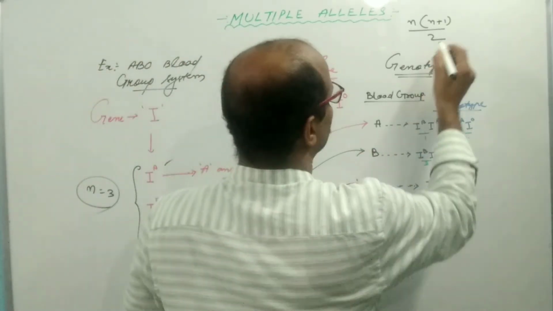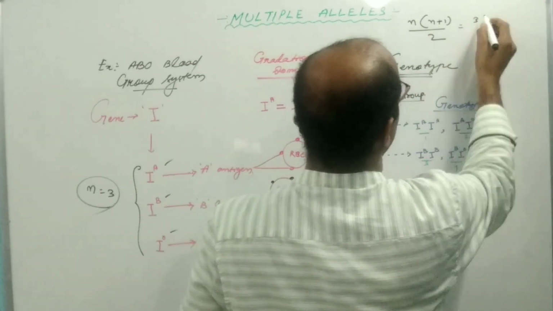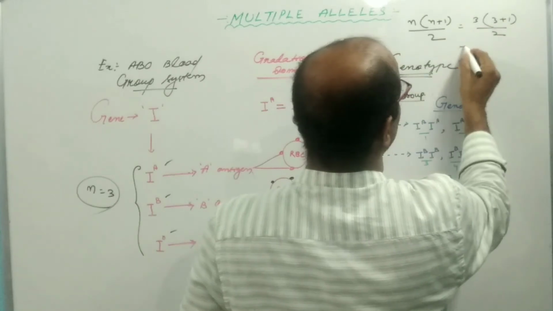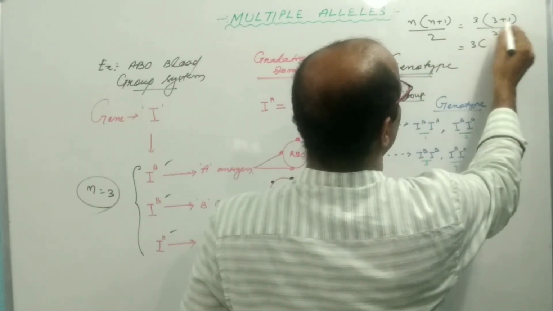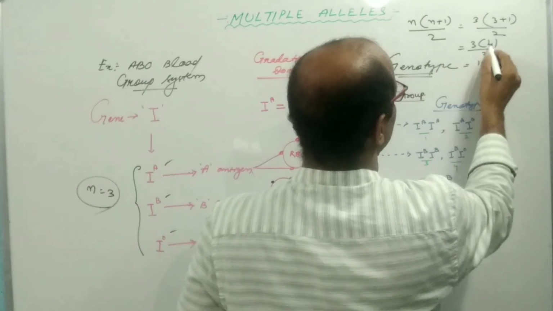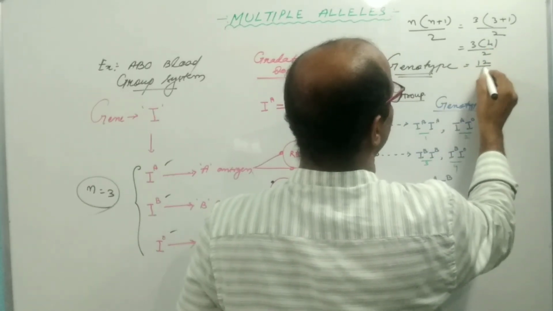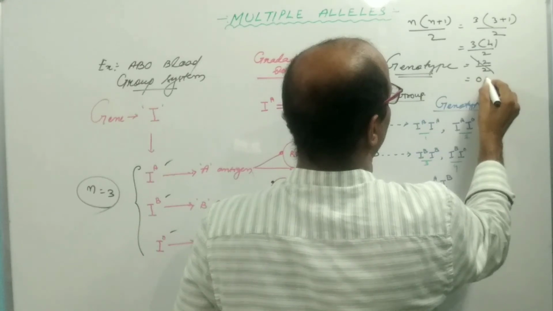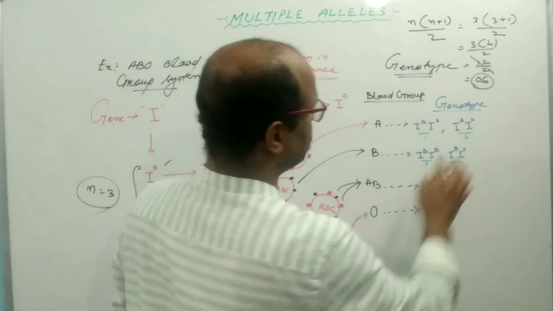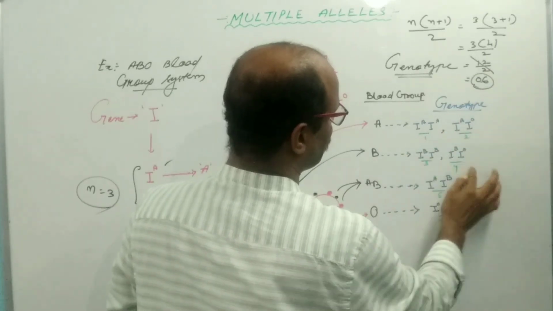I am putting 3 in place of N: 3 multiplied by 3 plus 1, divided by 2. So 3 plus 1 is 4, 3 times 4 is 12, divided by 2. Now I am getting 6. So how many genotypes are possible? 6 in number.